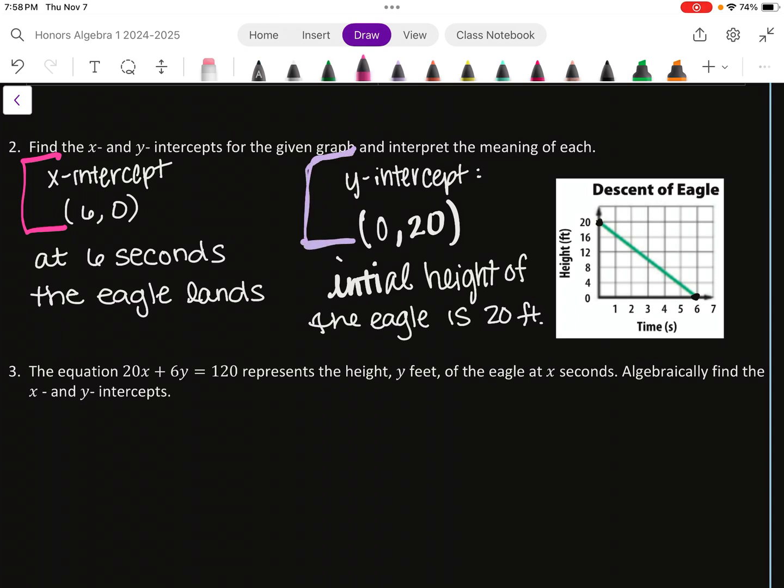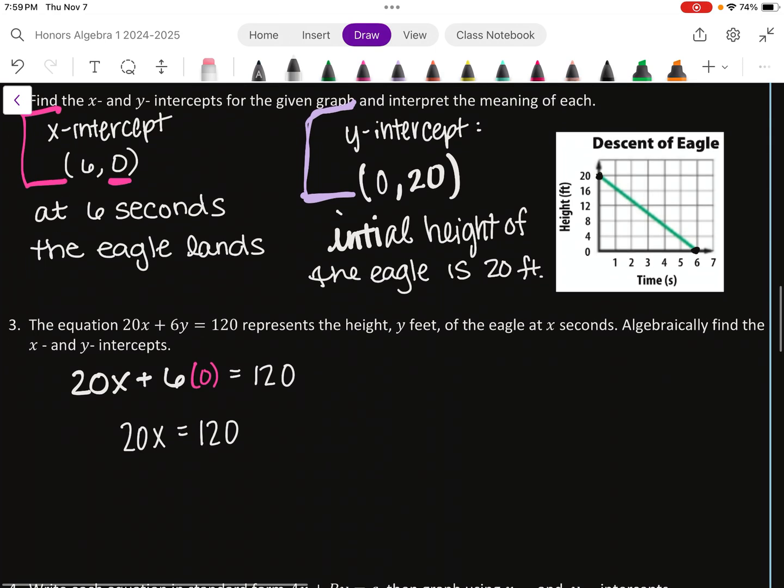the x-intercept has a y that is 0. So I can plug in 0 for my y and solve for x. So really, 6 times 0 goes away, and I'm left with 20x equals 120.